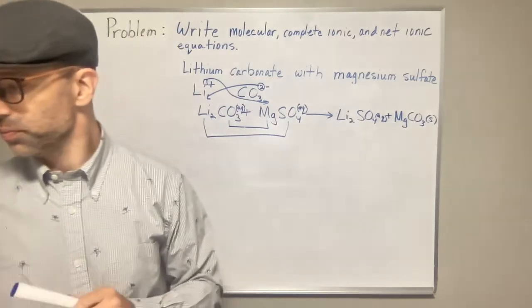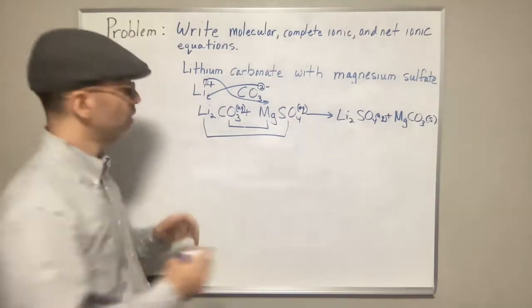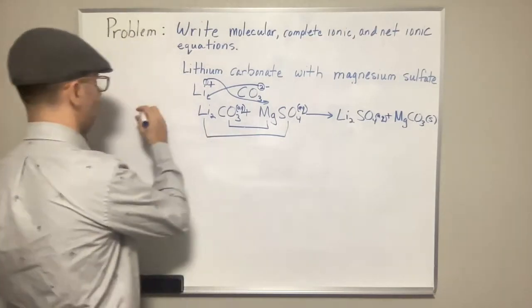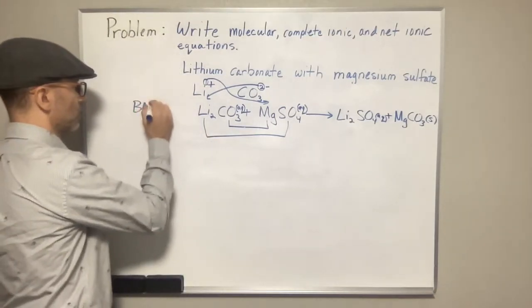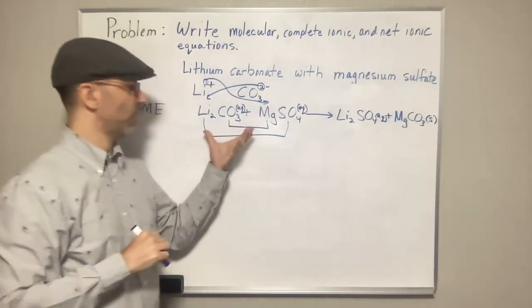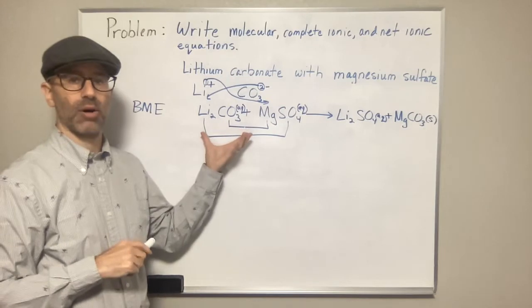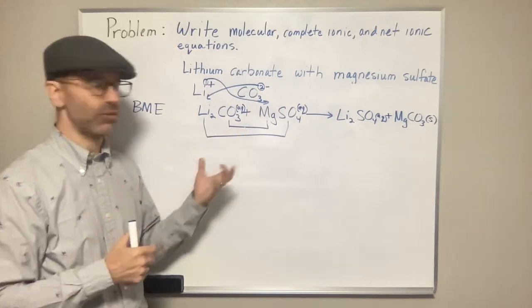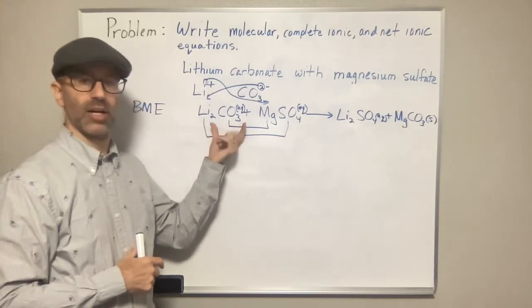Okay, now that we figured that out, we have what is called our balanced molecular equation. The reason this is a molecular equation is because we're writing our ionic substances as if they're molecules, sticking them together.